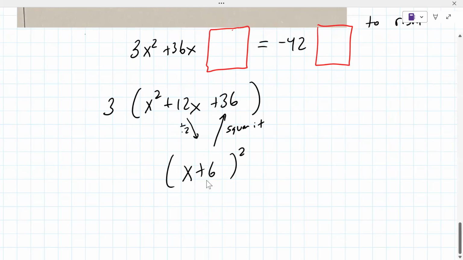And then what goes back in the previous line in the red box is, when you multiply the 3 in for each of these, that last number, 3 times 36, which is 108. And that's what goes on both sides of the equation.